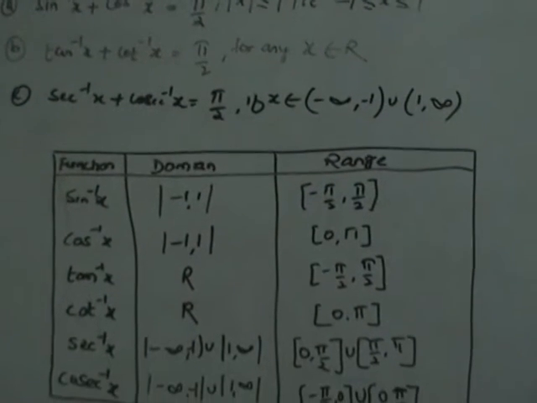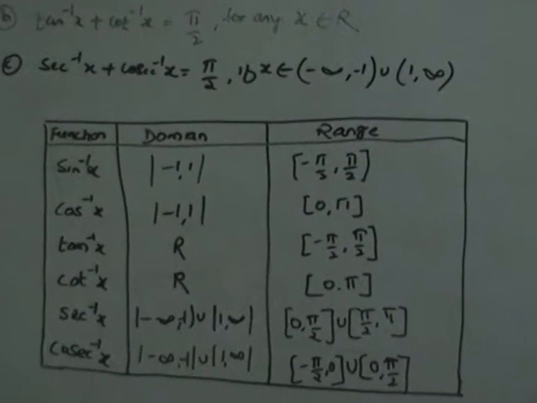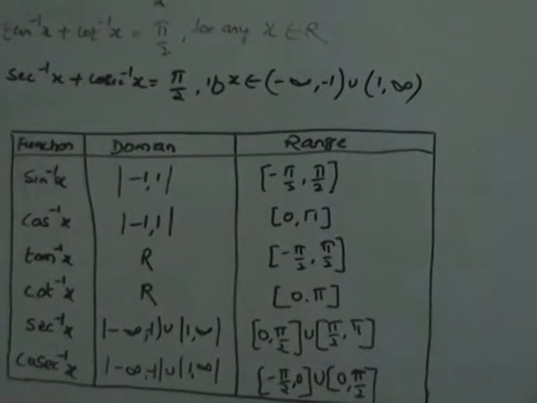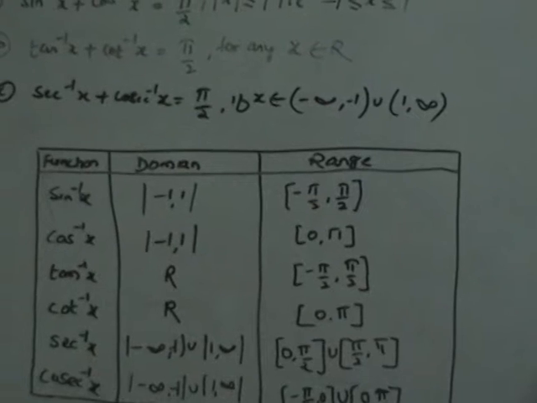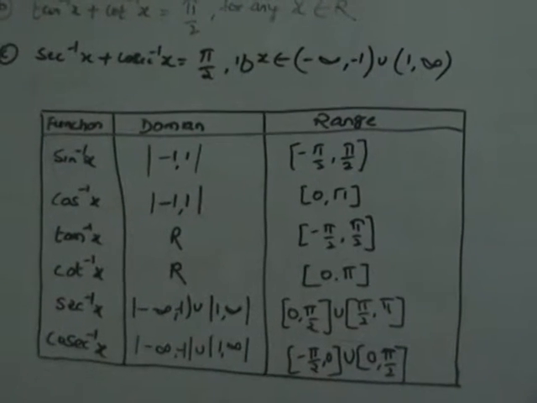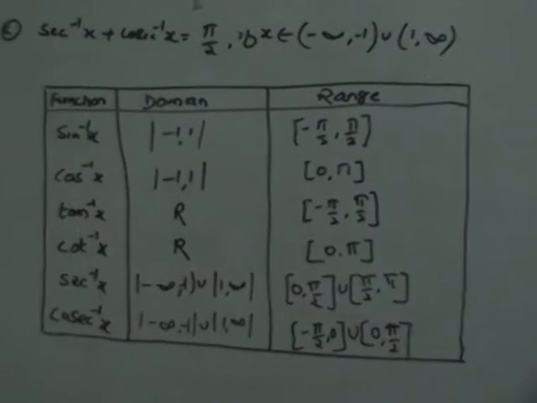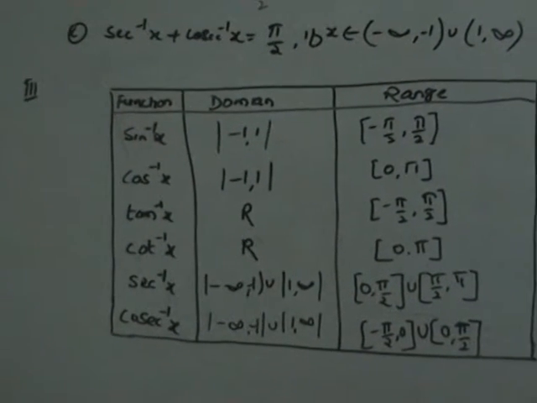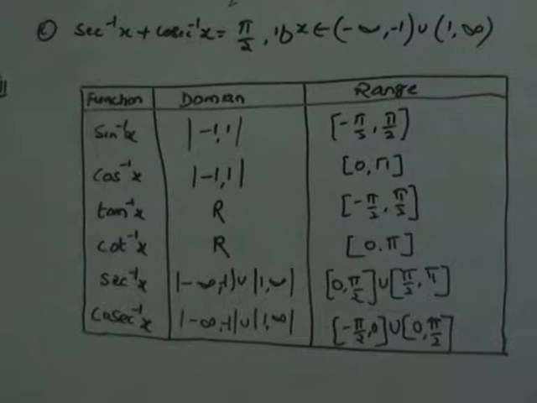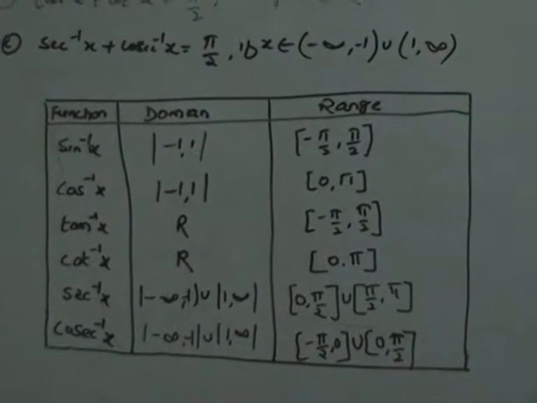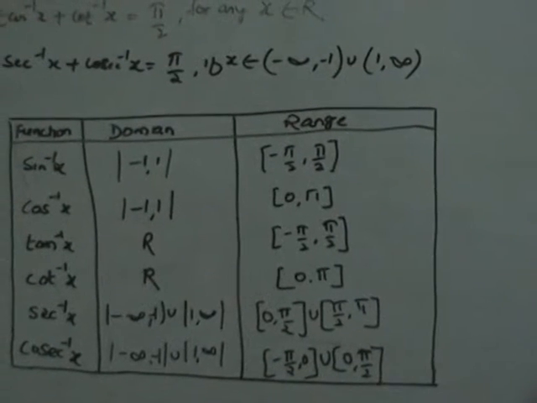And the other domains are for tan inverse x, cot inverse x, secant inverse x and cosecant inverse x. So we have seen the function, the domain and the range. Let us learn some more formulae or important points in this chapter before doing some examples.